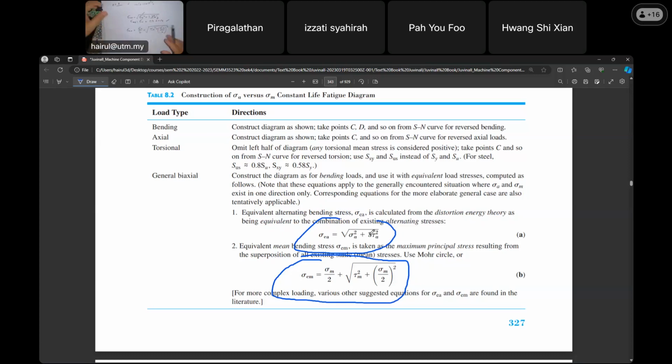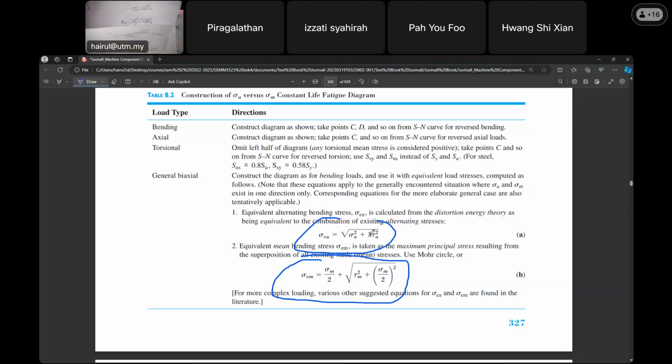For sigma bending, do we have it earlier? Which figure? I want you to be clear. For sigma bending, do we have a mean? It is completely reversed, right? The mean is 0, so this term becomes 0 because bending is 0. Tau mean, do we have it? Yes, torsional stress is constant.